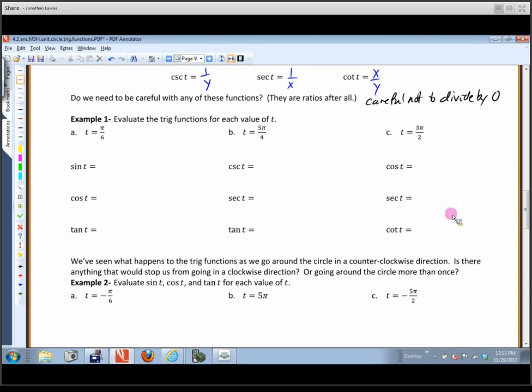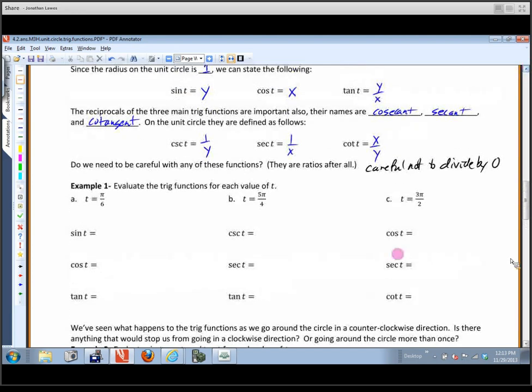So remember, the sine is the y coordinate, the cosine is the x coordinate, tangent would be the y coordinate over the x coordinate, cosecant is 1 over whatever the y coordinate is, secant is 1 over whatever the x coordinate is, and cotangent is the x coordinate over the y coordinate. So let's think about what this looks like. If I have an angle of pi over 6, again we're thinking on the unit circle, so it looks like this.